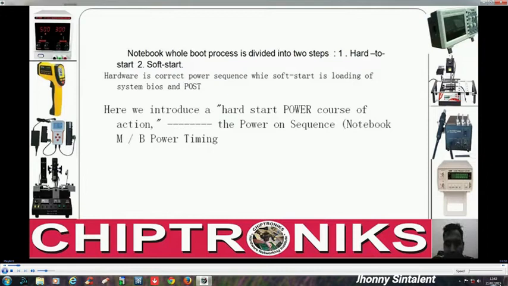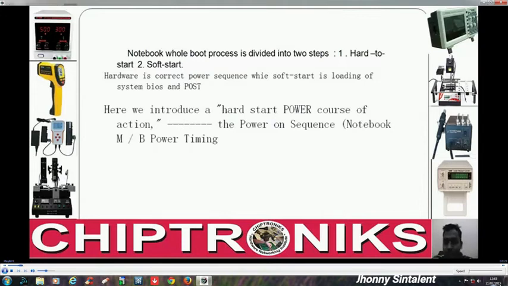By hard reset, you can understand that every component of the notebook motherboard has received power. After receiving power, a PLT reset signal is issued by the PCH or by the ICH. After PLT reset is issued, the processor gets instructions from the BIOS, and all the initialization data is issued from the BIOS, and this is called soft start.